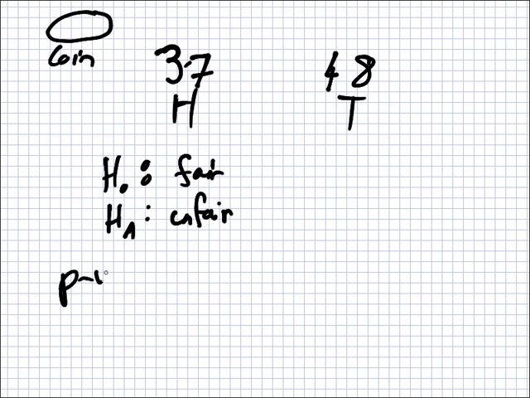So for the p-value, can someone add those two together? What do we get? 85. And half of 85 is 42.5. So if it's fair, we should have gotten about 42 heads, but we only got 37.